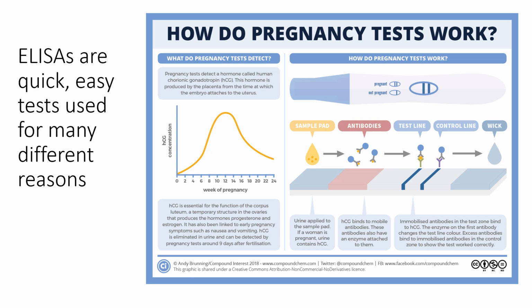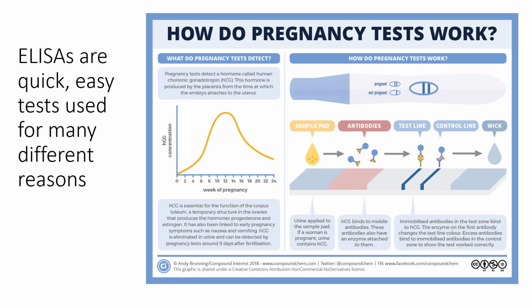It's not binding to the antibody with the ball on it, the antibody with the enzyme. It's not binding to that one. So if you're pregnant, you should get 2 lines, the control line plus, yes, you have human chorionic gonadotropin. That's the second line. And if you're not pregnant, then you just get the single control line.